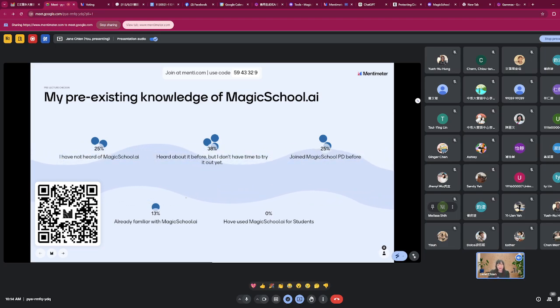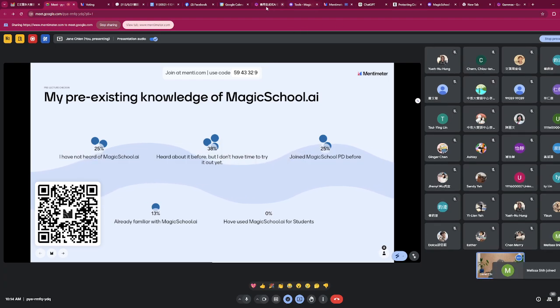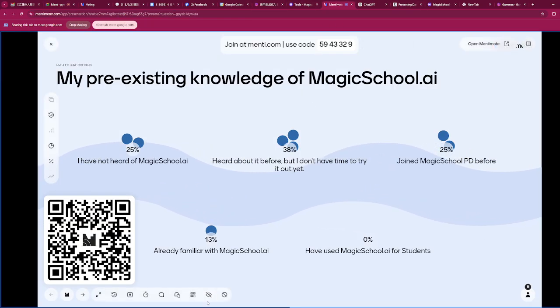If you're already familiar with MagicSchool.ai, perhaps the focus here would be to explore MagicSchool.ai for students. I think this is a new function that we could all try out.